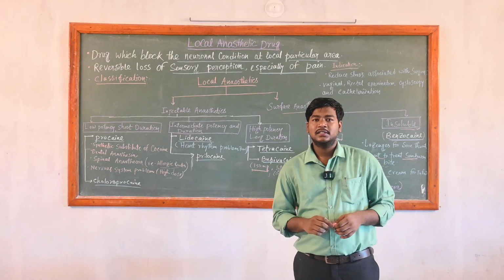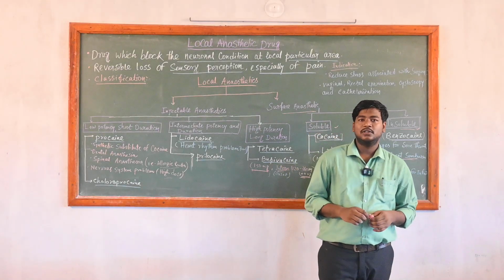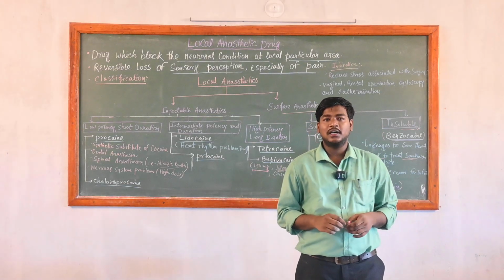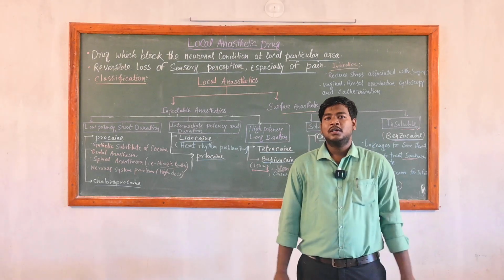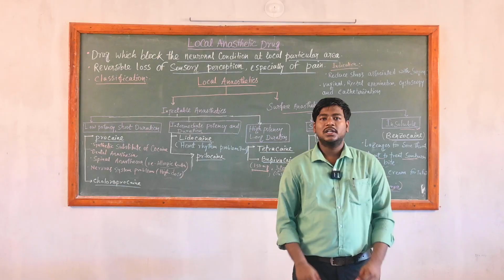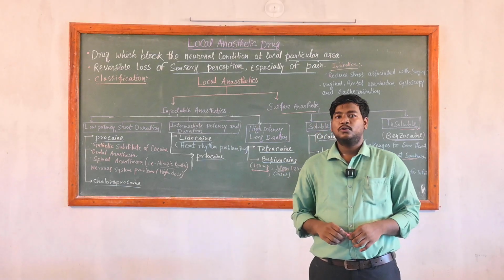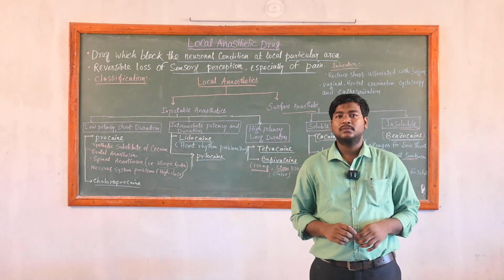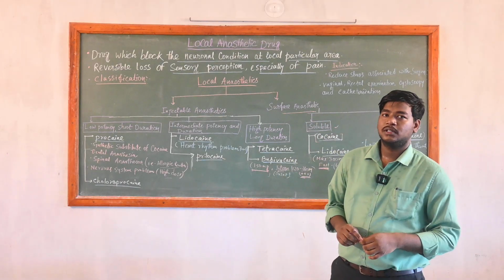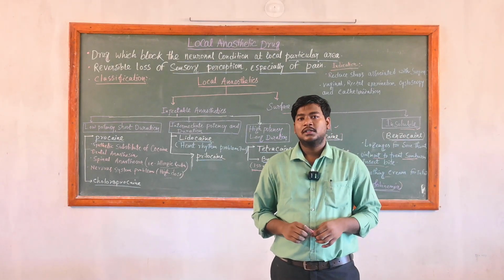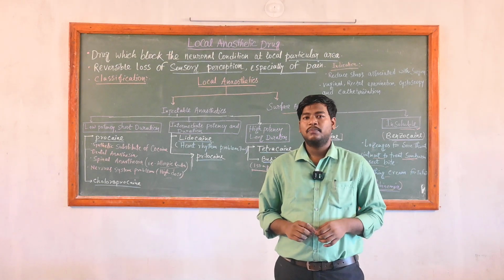So if we summarize the whole of the local anesthetic agents, we can say that local anesthetic drugs produce anesthesia in a particular area of the body by blocking the voltage gated sodium channel to prevent the propagation of action potential, so that the particular part of the body cannot sense the sensation of pain.